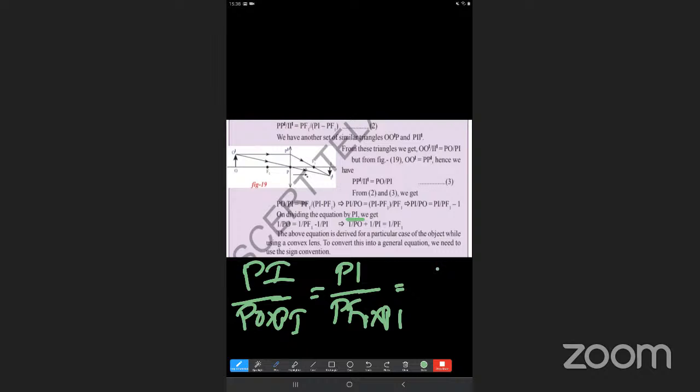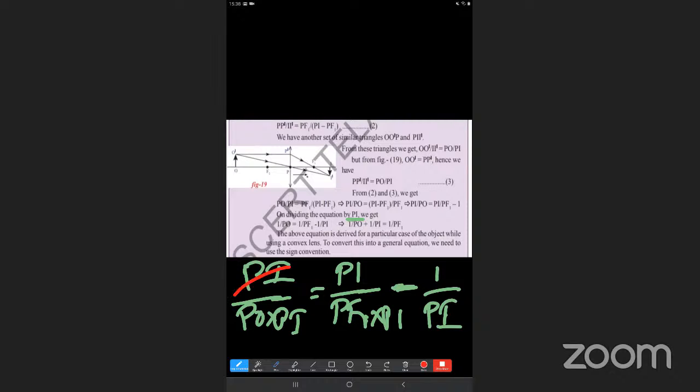Now dividing the equation by PI, PI gets cancelled on both sides.